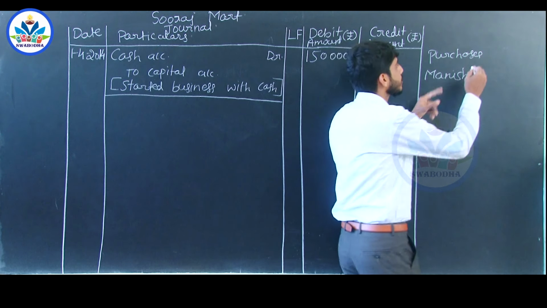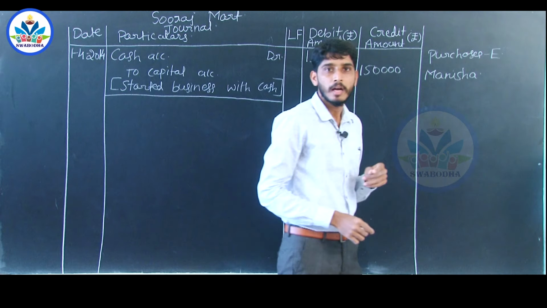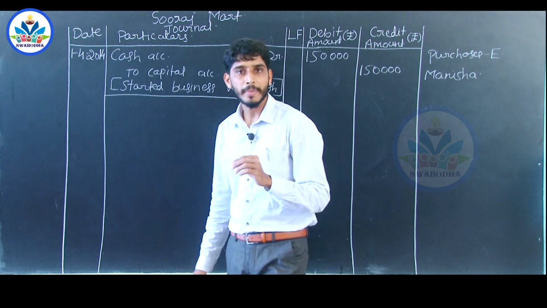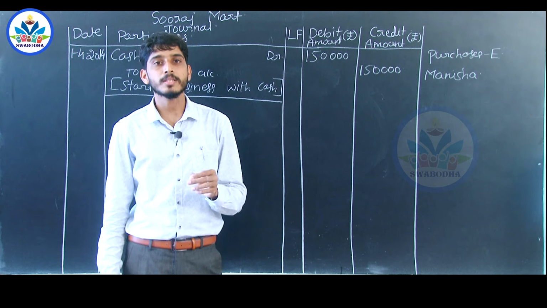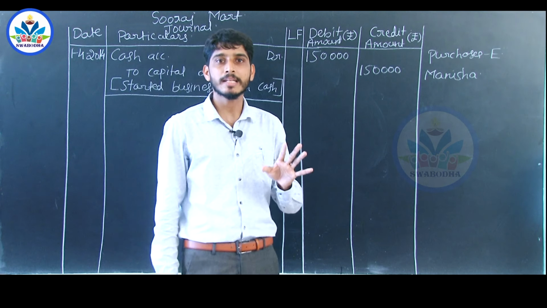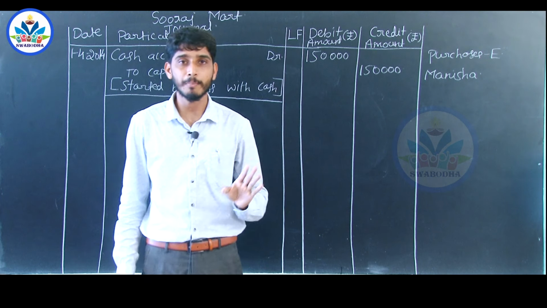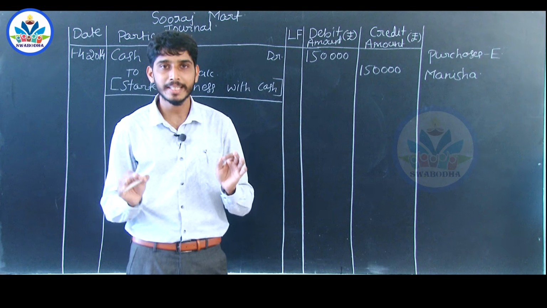Now purchase is an expense. In the transaction, it is not mentioned whether the cash has been paid or not. Since no information is provided and they have clearly mentioned the name of the supplier, it indicates the transaction is a credit transaction.